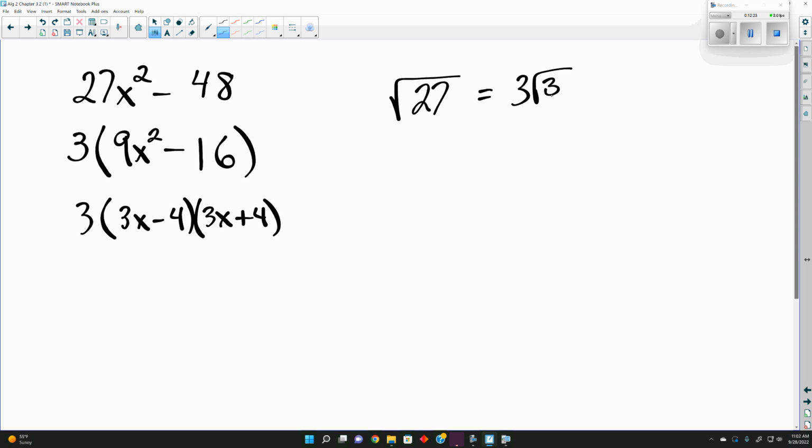So it does have a perfect square, 3, but it also has an extra factor of 3. Because if we factor that out, it's going to give us the perfect square. And if you do the square root of 48, it'll tell you that it's 4 square root of 3. Both of them have an extra factor of 3 we have to pull out first. Kind of make sense?